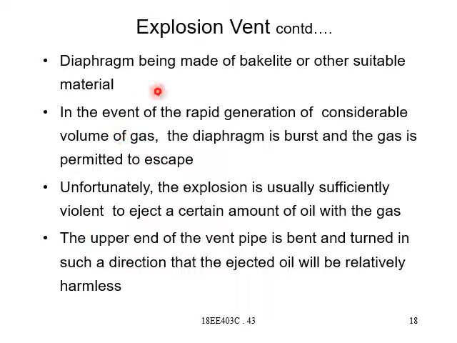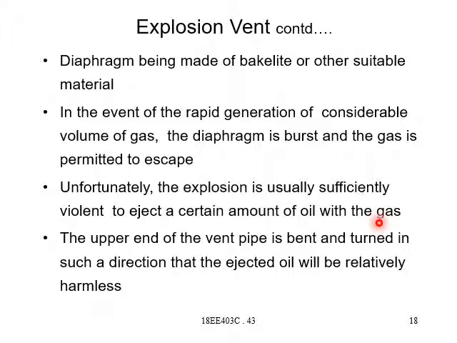Here you can see that the diaphragm is made of bakelite or other suitable material, and in the event of rapid generation of a considerable volume of gas, if it is continuous, then the diaphragm is burst and the gas is permitted to escape. Unfortunately, the explosion is usually sufficiently violent to eject a certain amount of oil with the gas.